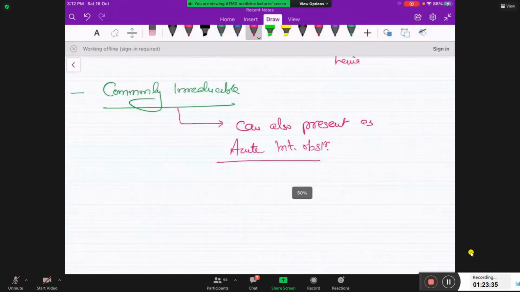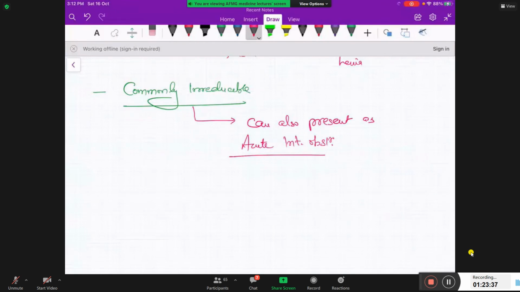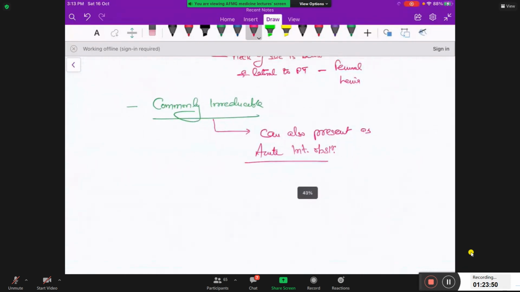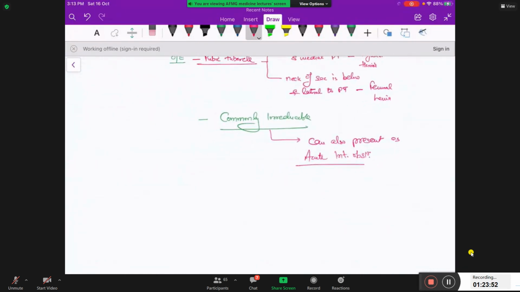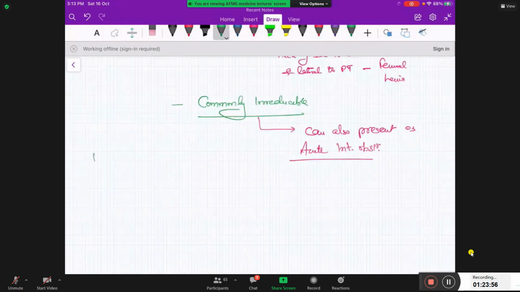Okay, and this femoral hernia, since it has a very high chance of strangulation, we should not delay in operating a femoral hernia because there are very, very high chances of strangulation in this. Now, further, in femoral hernia, Richter's hernia, another important point.